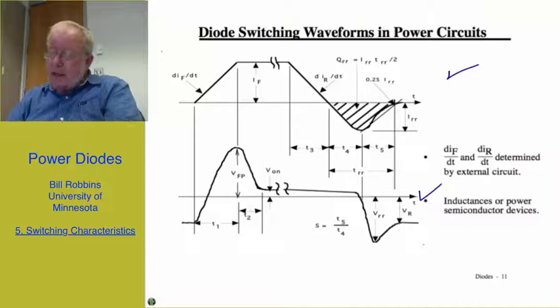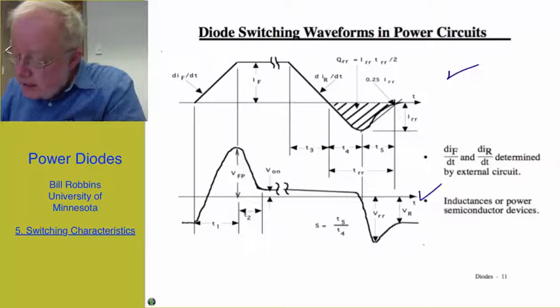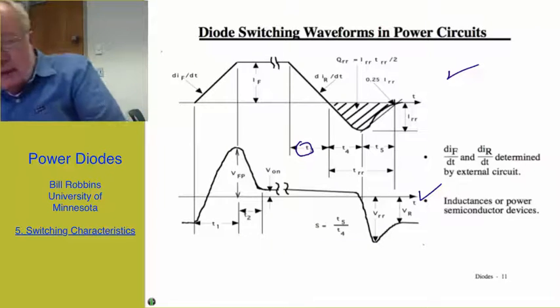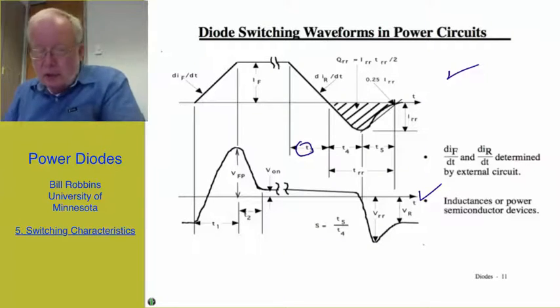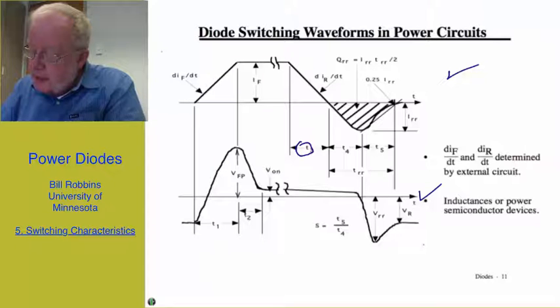It then is maintained in the on-state for the desired period of time, and then it begins to turn off. The diode current turns off at a fixed rate dI_R by dt, again set by the external circuit. It goes from the maximum forward value down to 0 in a time t3, and then goes from 0 to a maximum negative value in a time t4.